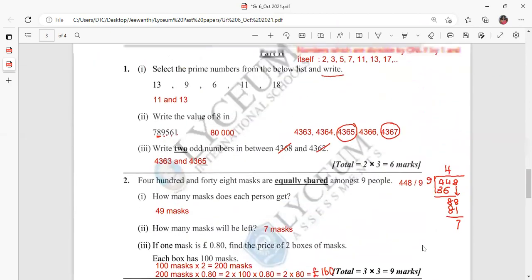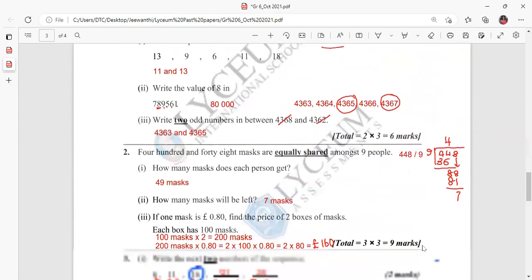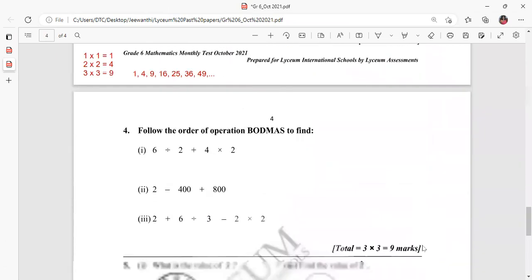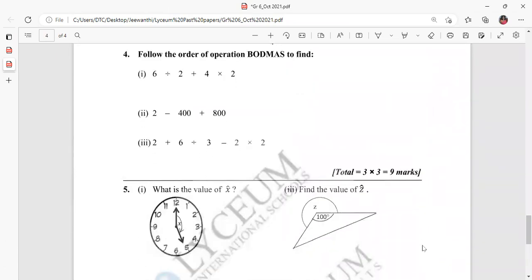Then we move to part 2, question numbers 1, 2, 3. But 4 and 5, I will discuss in another video. Keep in touch, children, because if I discuss everything together, it will be boring and too much for you as you are little ones. So then we will move to the third video for this paper. Then we will discuss the last two questions.